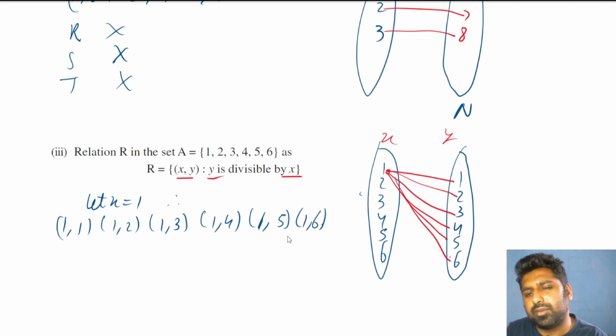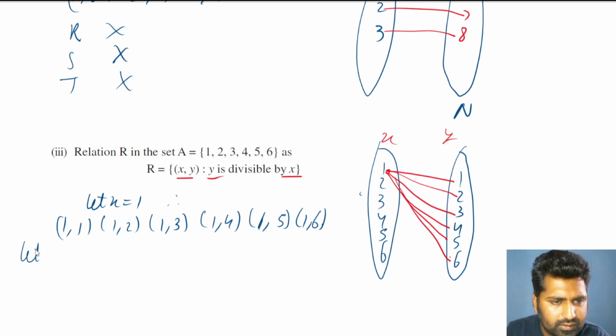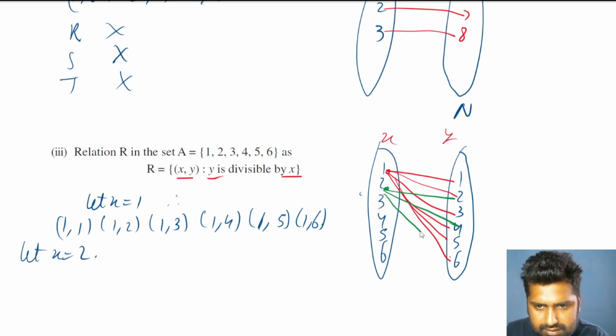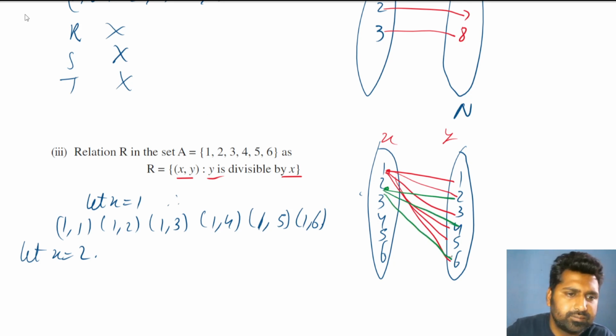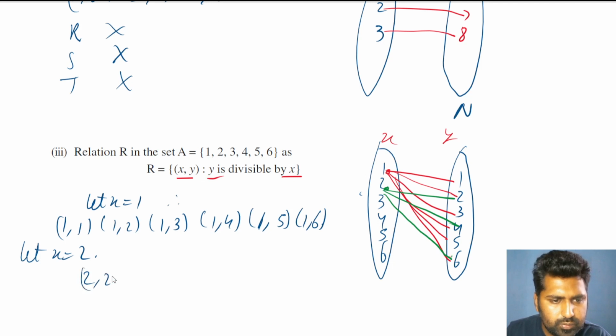I think from the diagram I'm getting the idea that this will be way too complex. Then x equal to 2. Which numbers are divisible by 2? From 2, to generate the relation, 2, 4 and 6 are divisible by 2. So 2 comma 2, 2 comma 4, 2 comma 6.